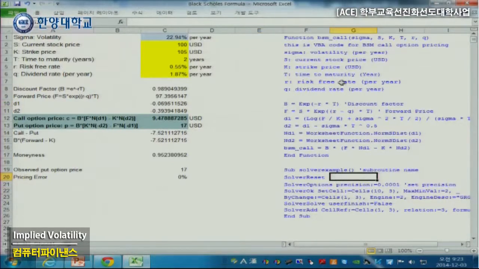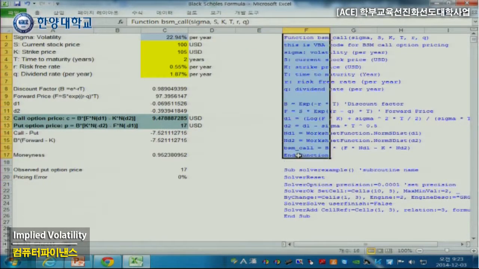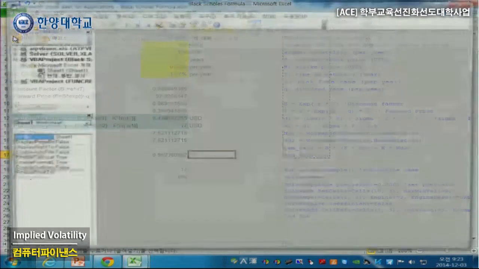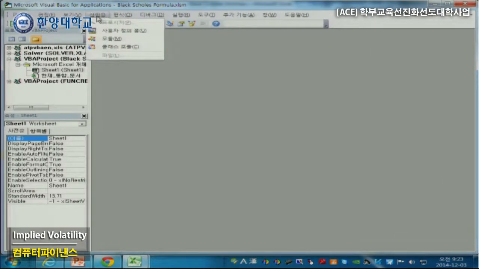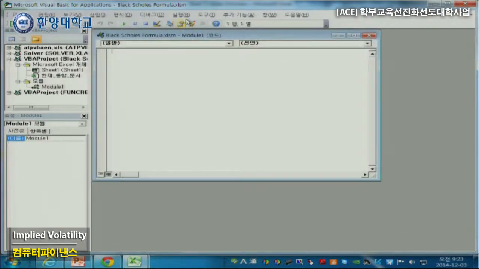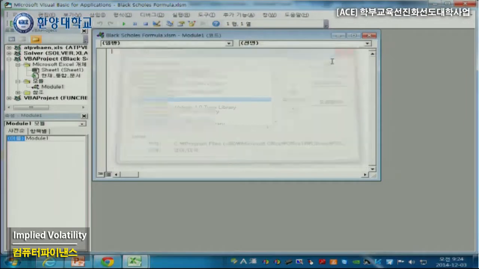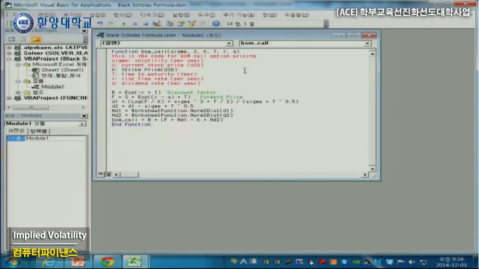So actually, I already wrote down the solutions over here. First, let's open Visual Basic, insert a module, and then go to References and include Solver over here.